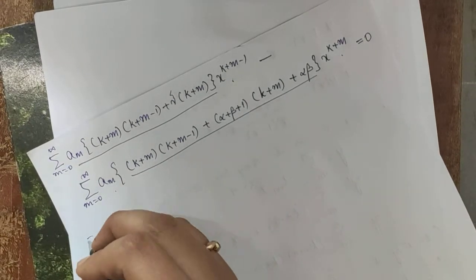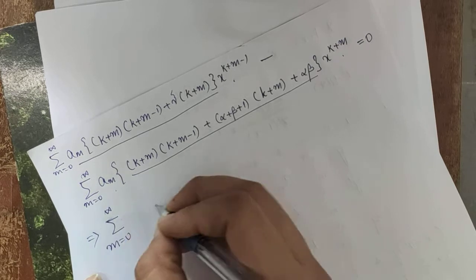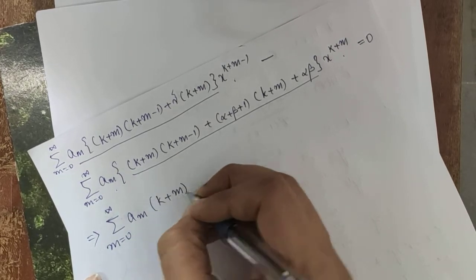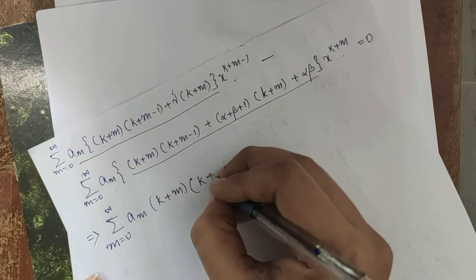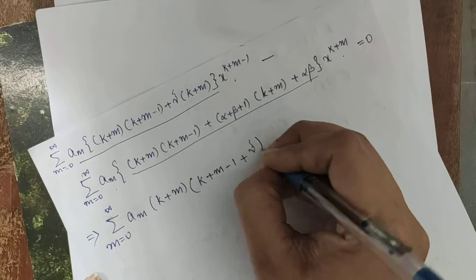So now this will become summation m is equal to 0 to infinity a_m into k plus m into k plus m minus 1 plus gamma.